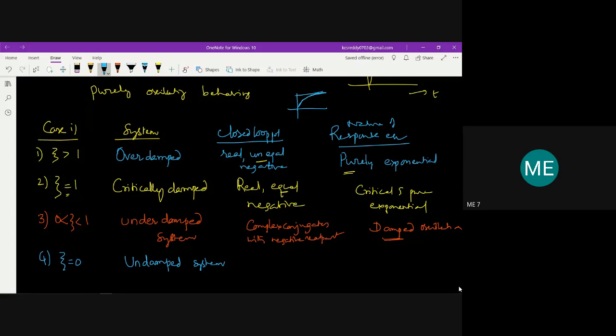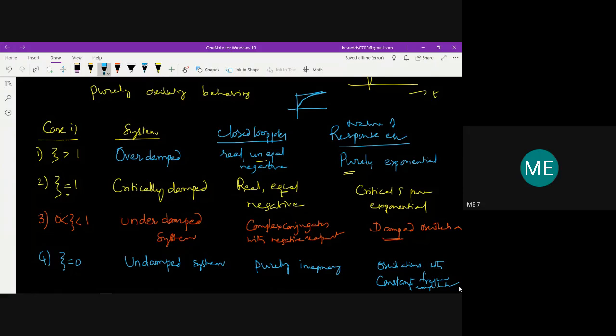Just now we found that the roots are purely imaginary, so in this case the closed loop poles are purely imaginary. As for the nature of the response curve, as we said, we get a constant amplitude, so oscillations will be present with a constant frequency and amplitude.